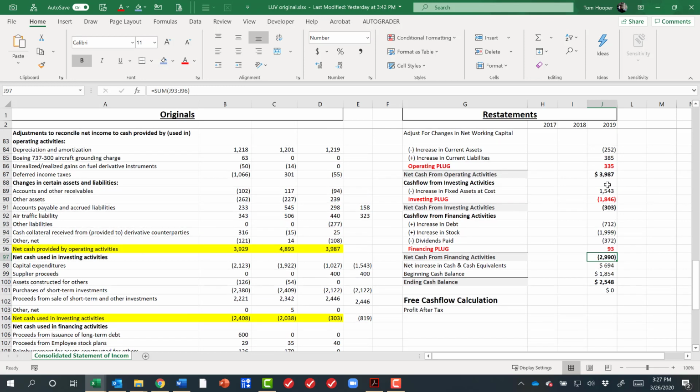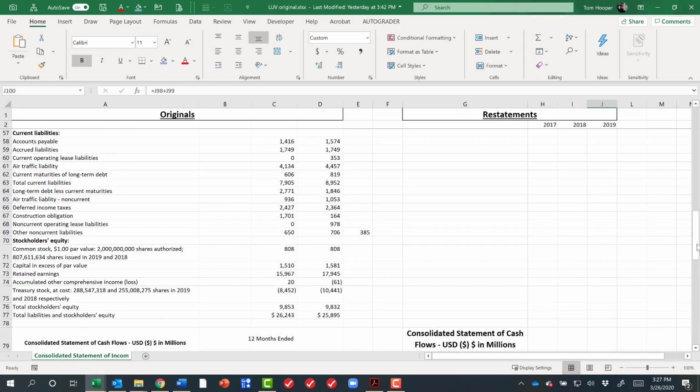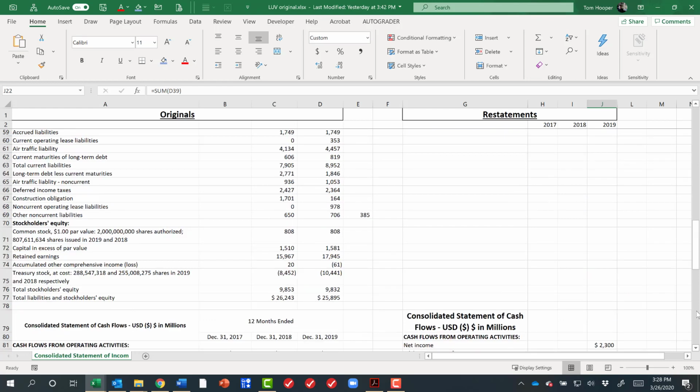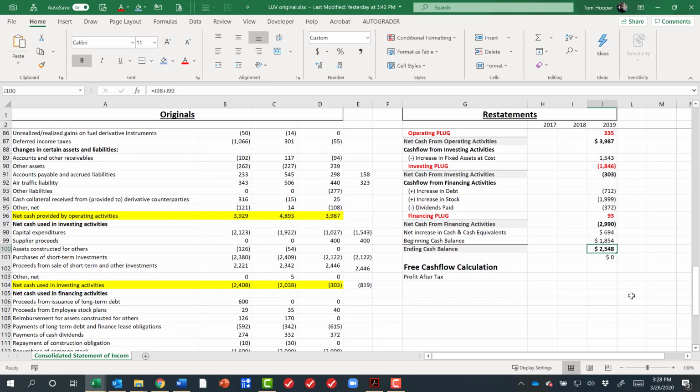If you will do these plugs, then you have matched their cash. That ending cash should flow straight up on your balance sheet, should match the number up here on your balance sheet. 2548 is what they had shown in history when we restated it. And then down there at the bottom of the cash flow statement, 2548.